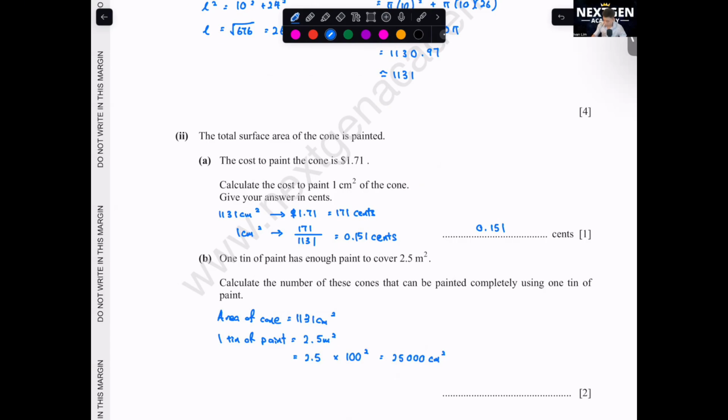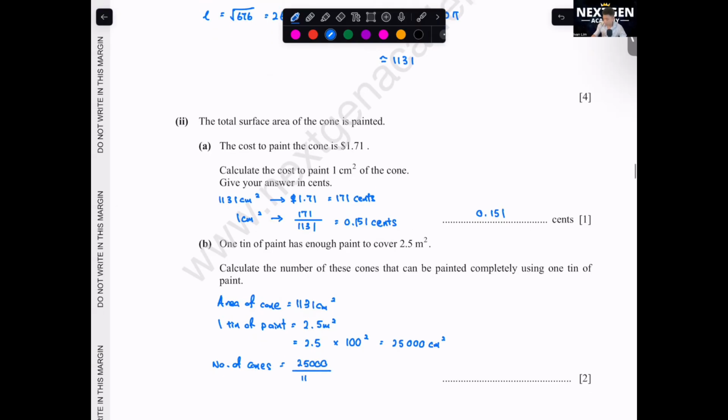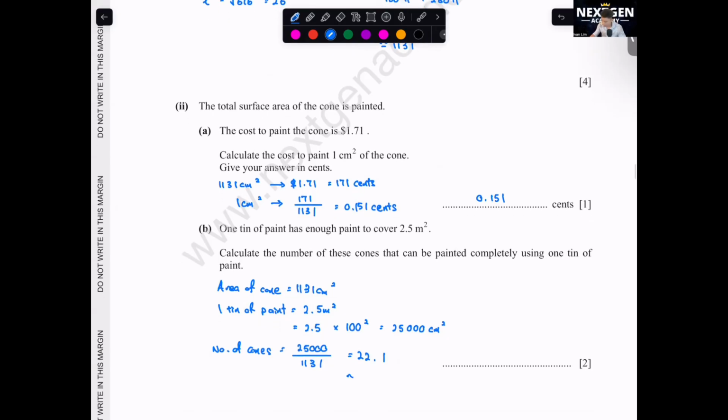Okay, and here number of cones will be 25,000 divide 1131. Calculate this. You get 22.1. Okay, so this is not completed cones. We round it to 22. Do not write it as 22.1. You'll get it wrong.